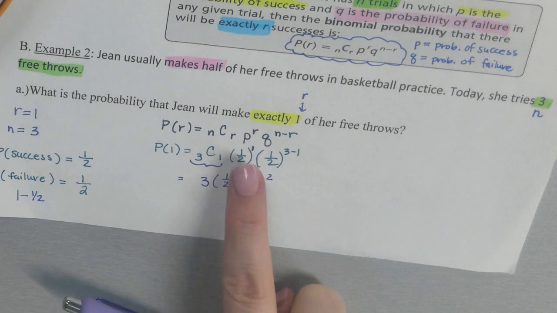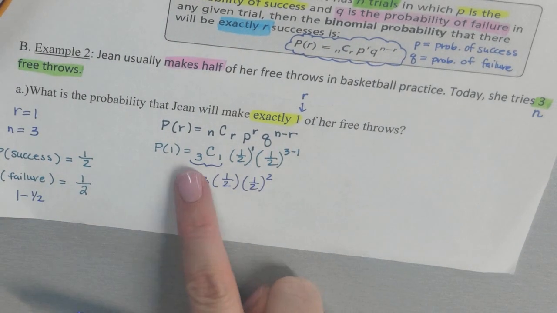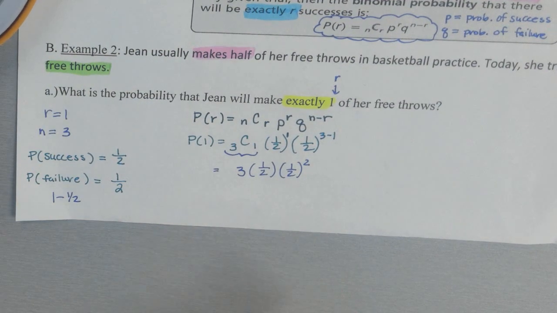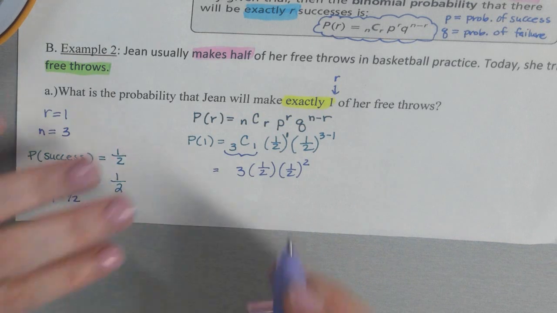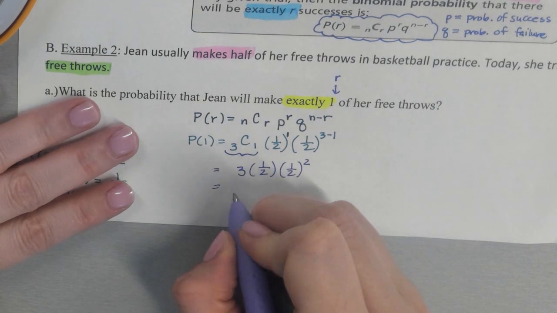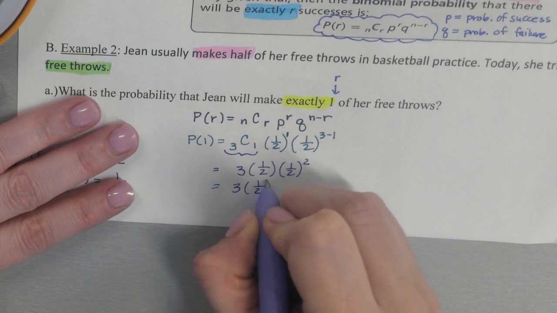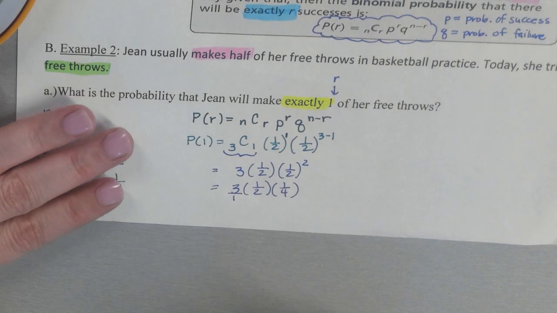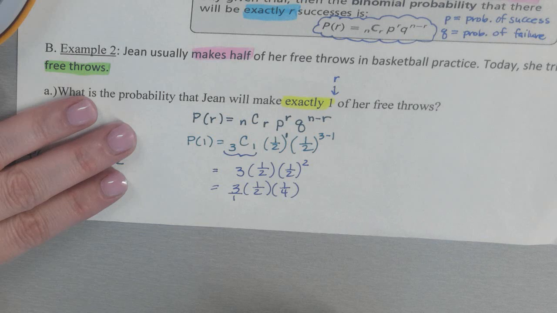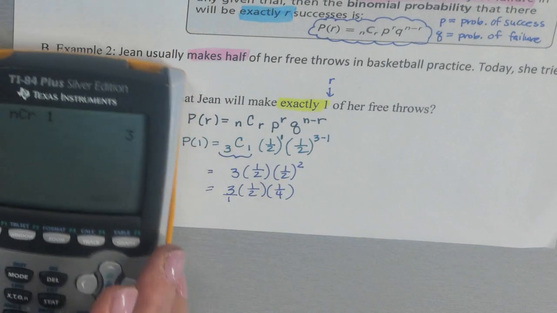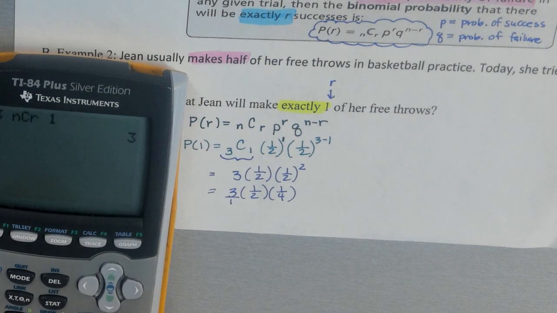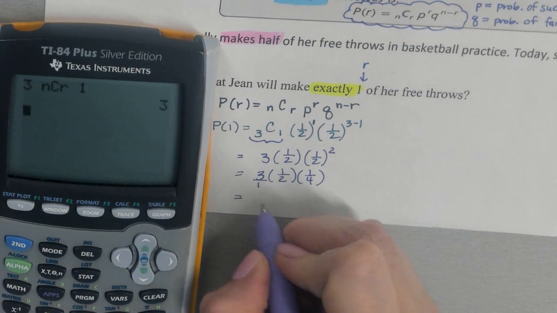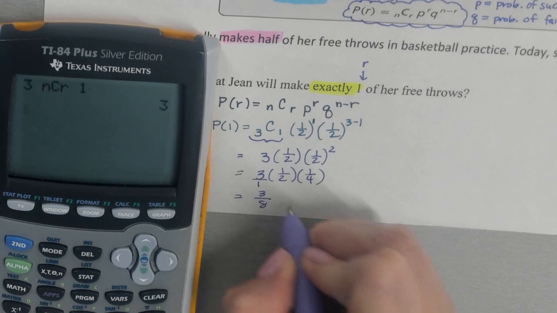Now, if this is 1 and this is 2, notice they add up to 3. That's something that we're going to pay attention to. And we are going to square this without a calculator, and then we are going to write our final answer with it. Wait, so on the calculator it says like 0, like C or whatever? No, you got to put in the 3 first, so like 3 NCR1. And then if you were writing this as a fraction, it would be 3/8.